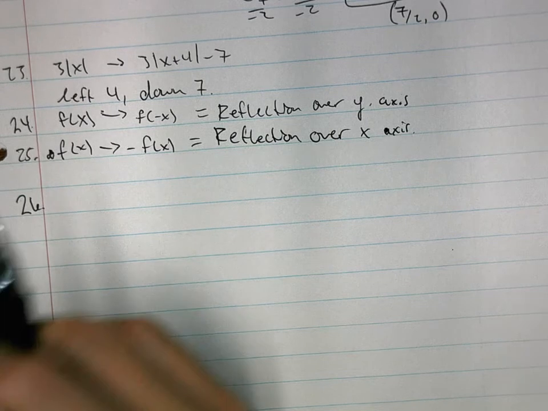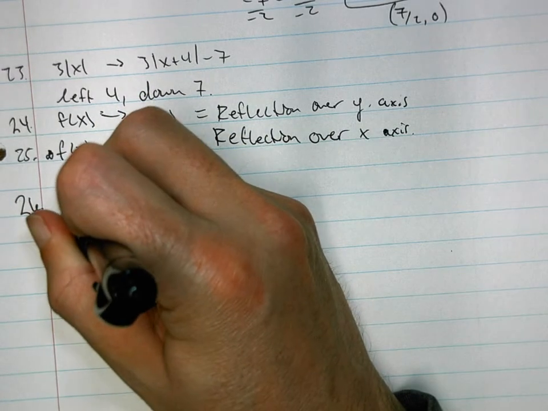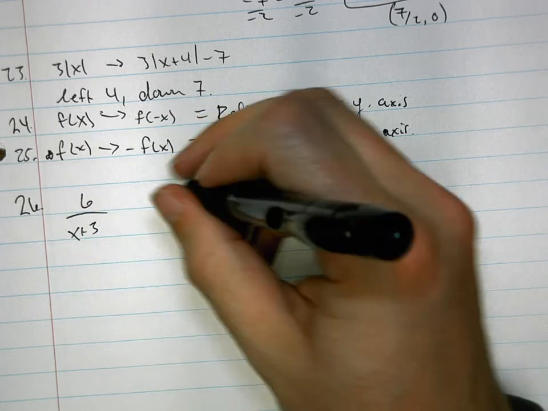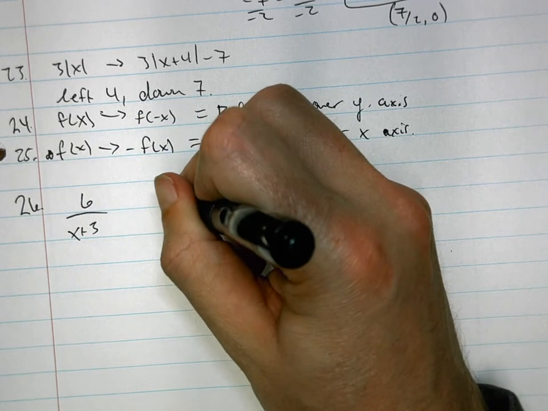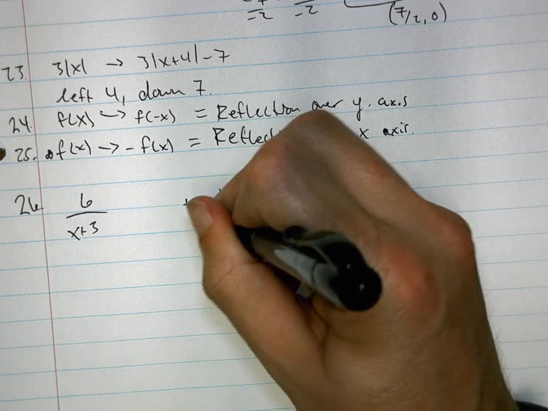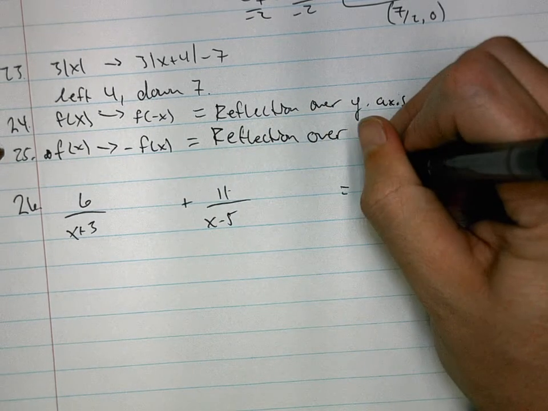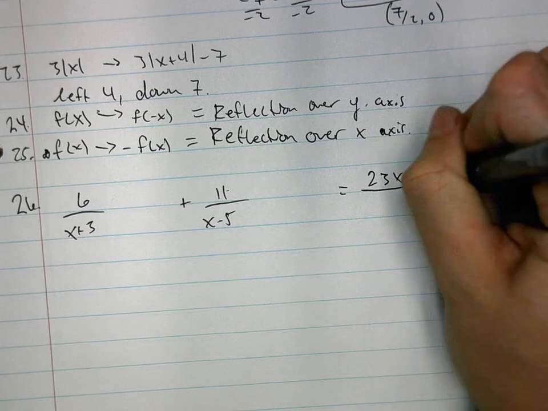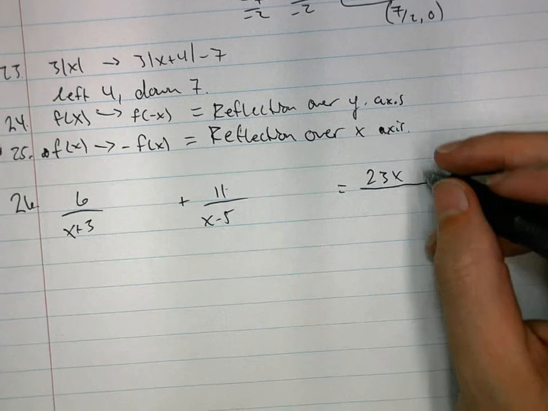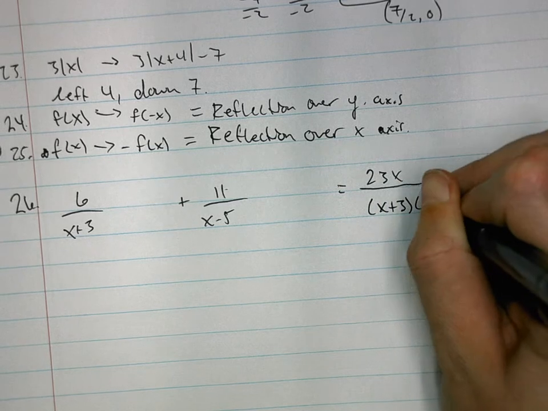Solve. So 6 over x plus 3, sorry. I'm going to leave a lot of space. Plus 11 over x minus 5 equals 23x over the denominator, and I'm going to factor it right now. That factors into x plus 3, x minus 5.